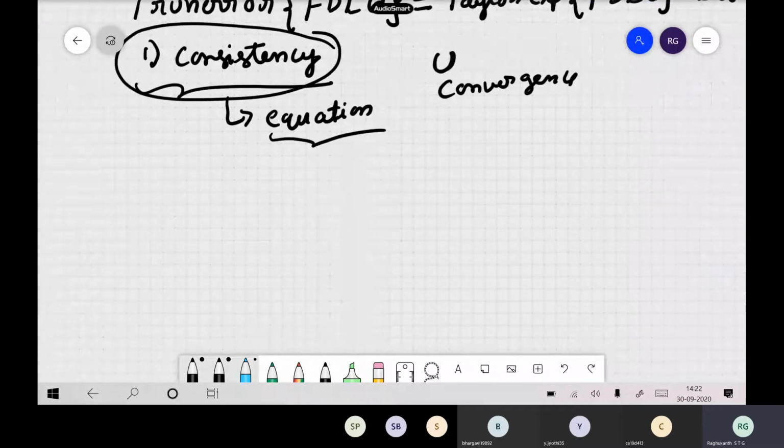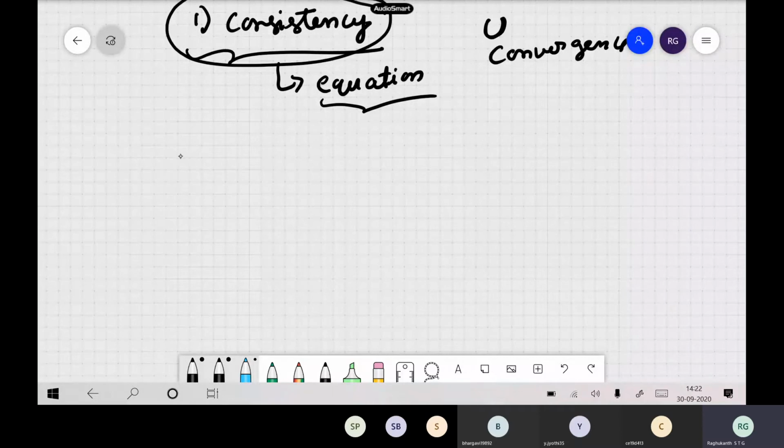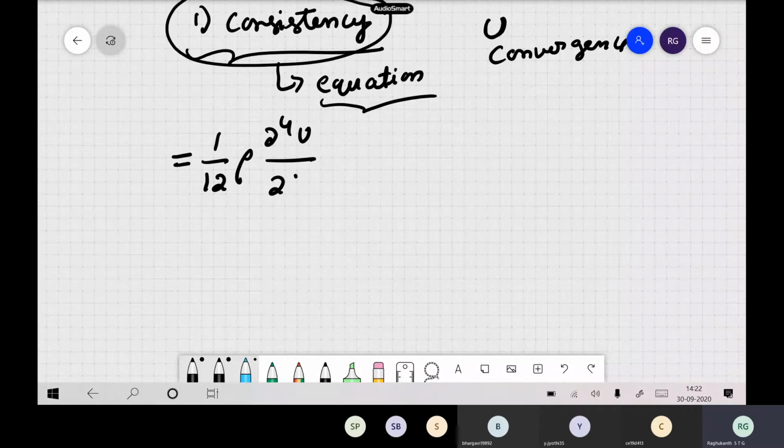Now in this problem, of course, there are several derivatives, you can verify yourself. One can show that this becomes ∂⁴u/∂t⁴ times Δt², plus order Δt⁴. This is with respect to time.